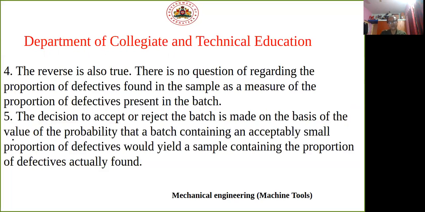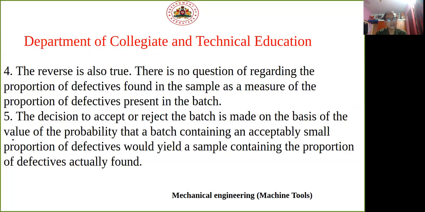The decision of acceptance or rejection of the batch is made on the basis of the probability that a batch containing an acceptably small proportion of defectives will yield a sample containing the proportion of defectives actually found.